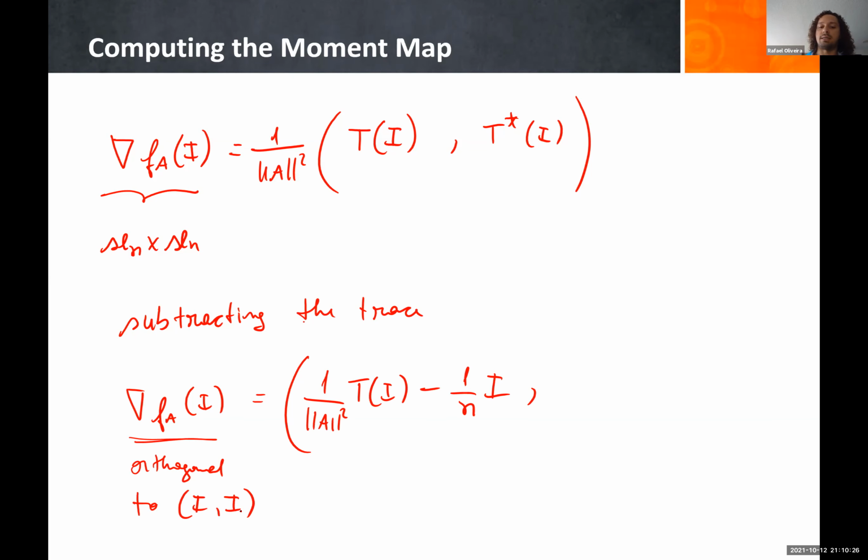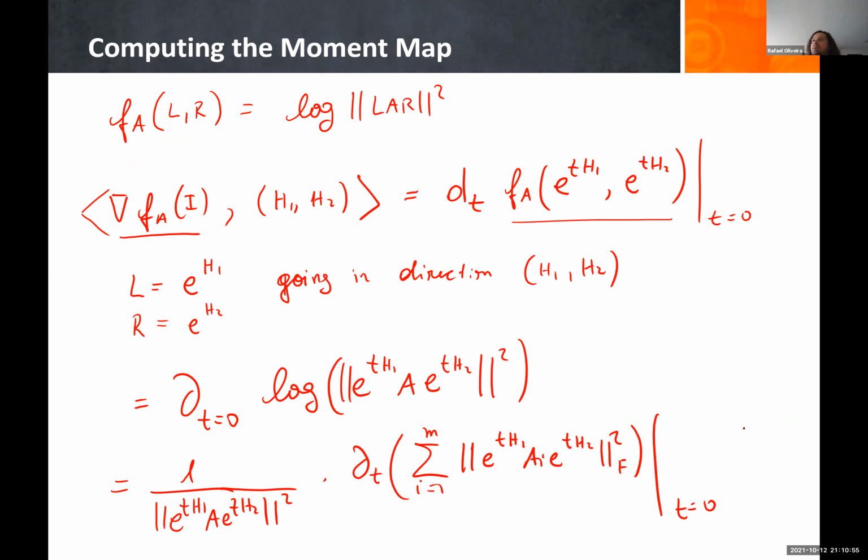So then we subtract, and we have 1 over norm of A squared, t of I minus 1 over n identity. So yeah, I can put these as exercises on Zulip. It's great to compute for matrix scaling, and to compute for operator scaling again, and it's the same strategy that we usually use to compute.